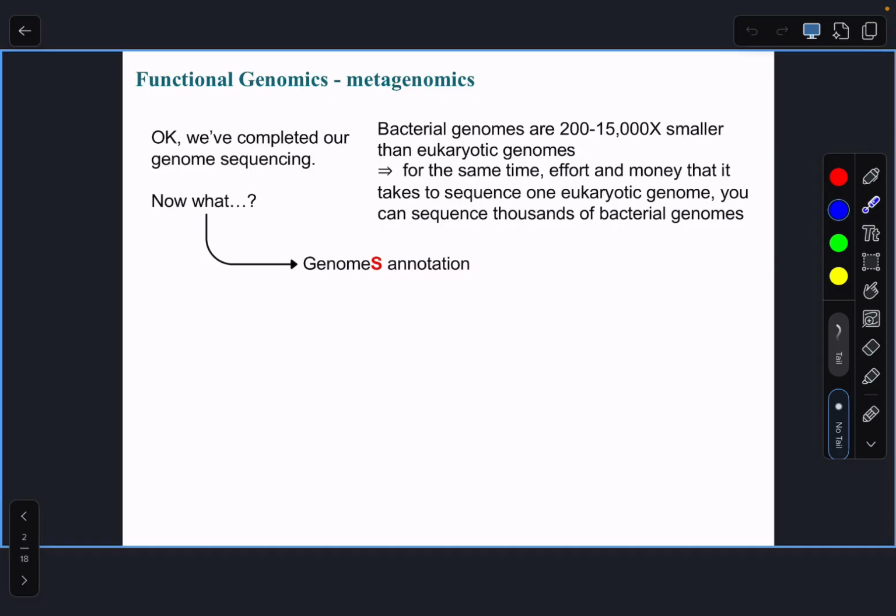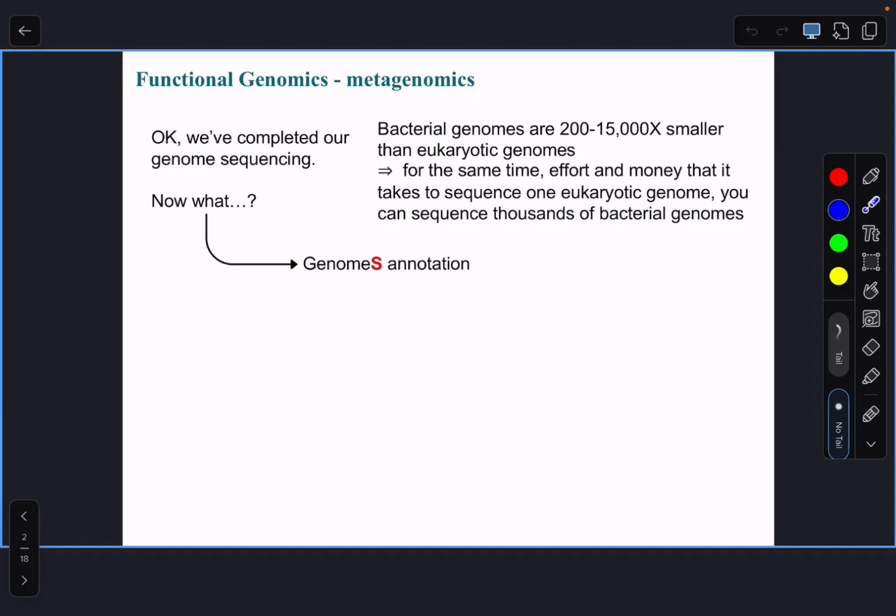And that's what happens. Nowadays, you take any environmental sample, you subject it to these massive sequencing technologies, and you get these contigs that end up representing individual prokaryotic genomes that were present in those samples, right?